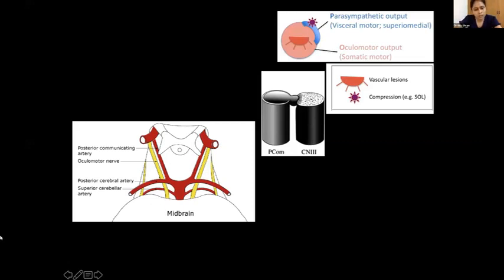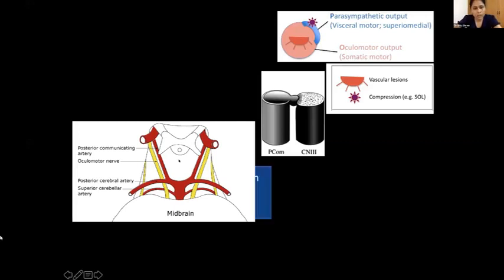So here the nerve can get damaged by subarachnoid space disease processes, meningeal processes, or because of these vessels, the nerve can get damaged because of the aneurysmal process. The most common aneurysm which we see is arising from the posterior communicating artery.